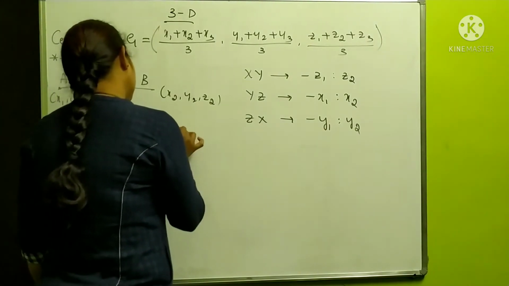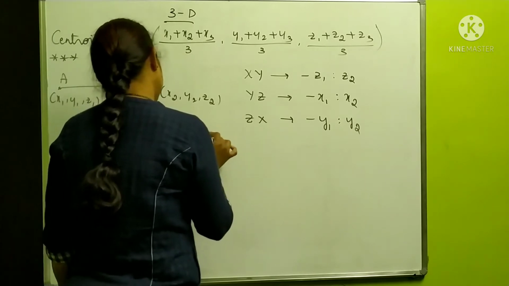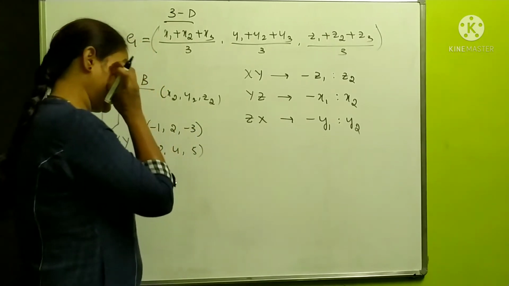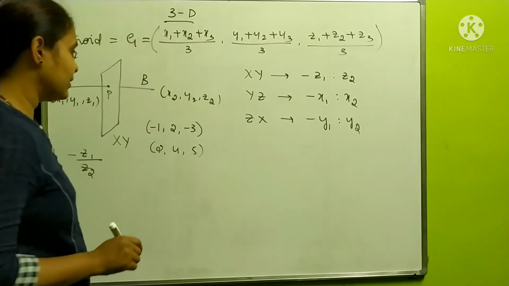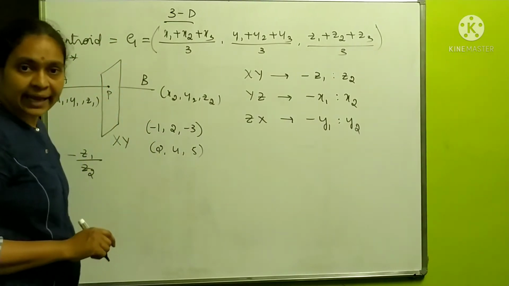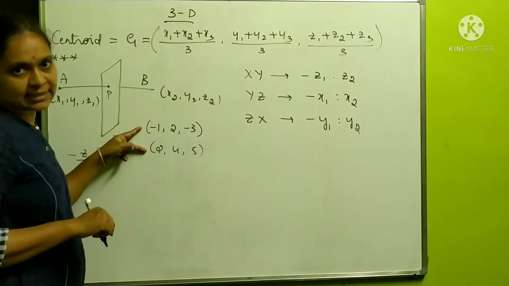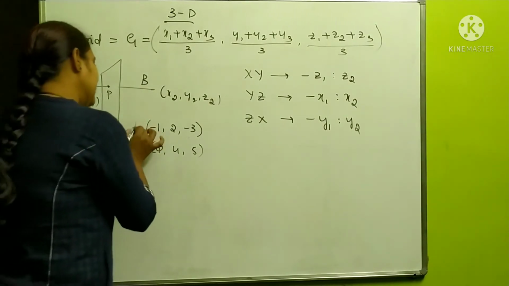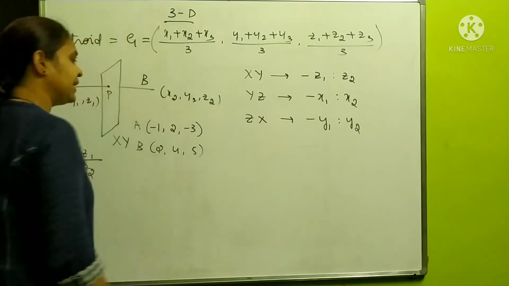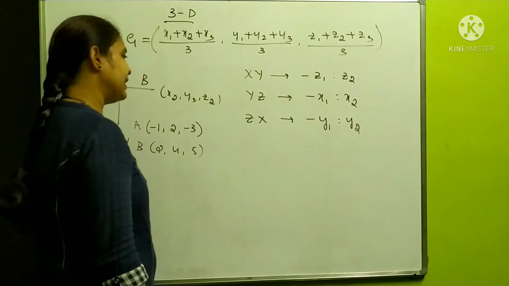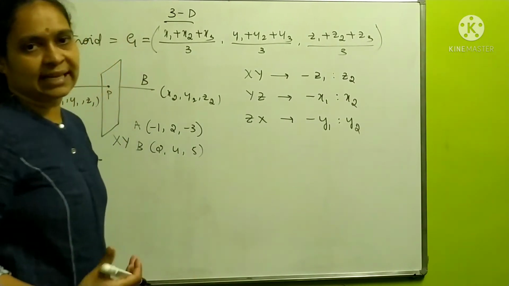They will ask a question like this: suppose the points are (-1, 2, -3) and (2, 4, 5). If the xy plane divides the line segment AB, they will ask for the ratio. In the options they will give internally, externally, like that.